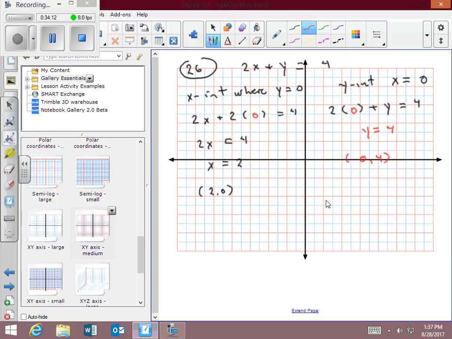So I'm at 2, 0. X is 2. Y is 0. X-intercept, right? And then 0, 4. And I plot the 2 points. And there's my line.